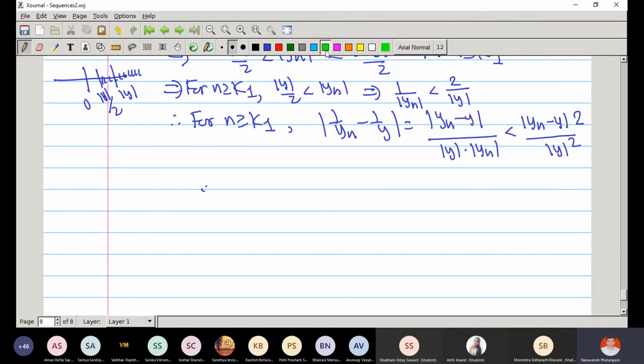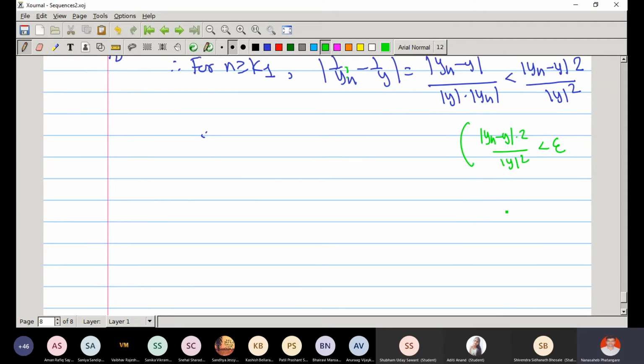Now from this, what we observe is, if you want to make 1 upon yn minus 1 upon y less than epsilon, what should we do? Yn minus y into 2 upon absolute value of y square less than epsilon. We want to make this less than epsilon so that our aim would be achieved.